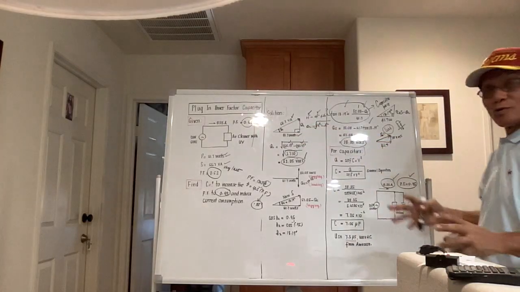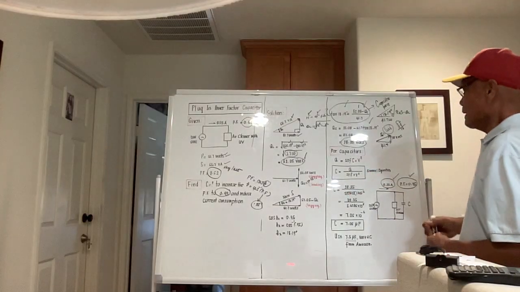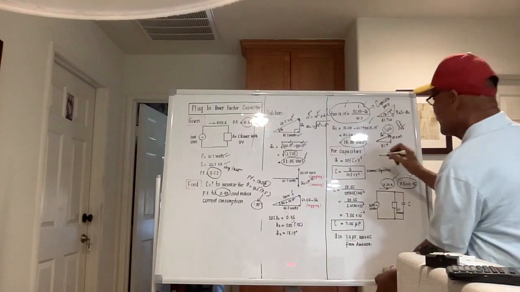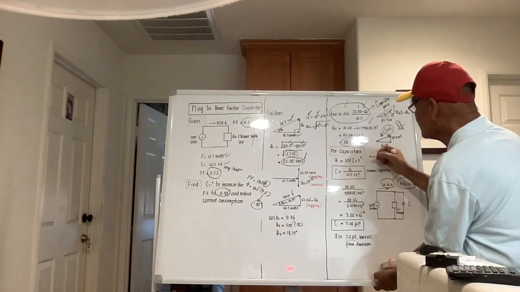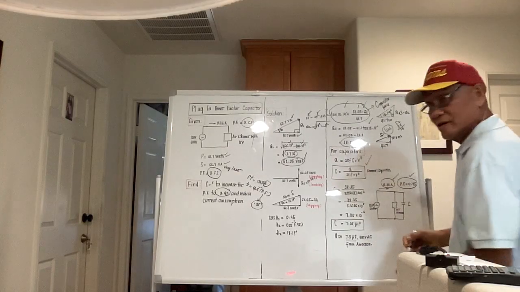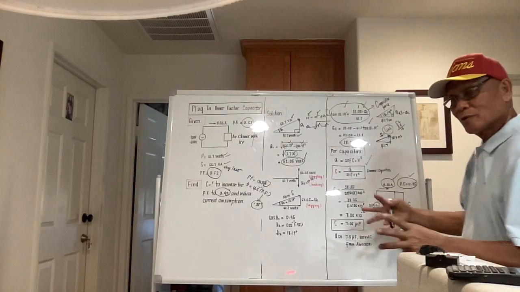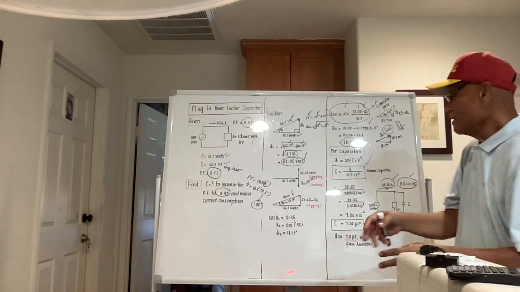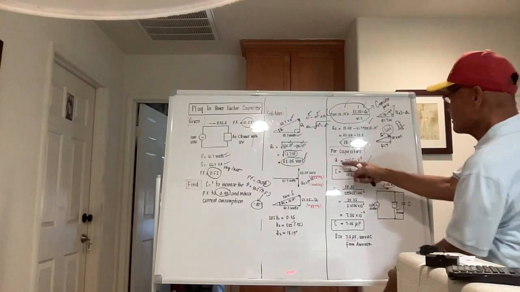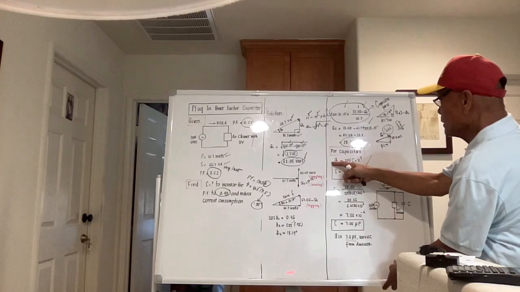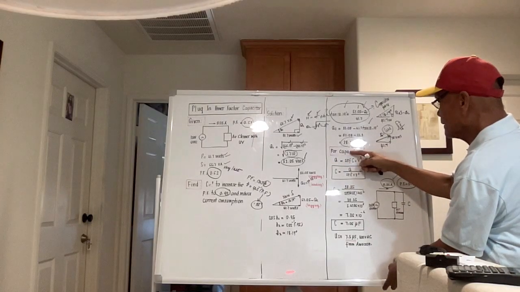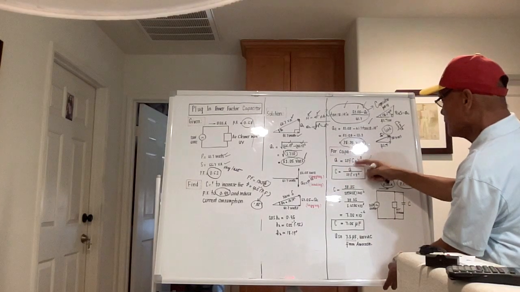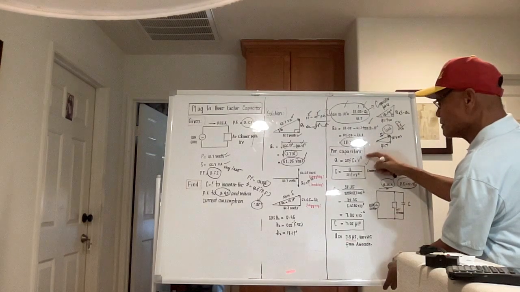Okay, for those who are not electrical engineers, for capacitors, we needed this formula here. If you go back to physics, there's the formula: the reactive power of any capacitor will be the product of 2 pi f times its capacitance times the square of its applied voltage.